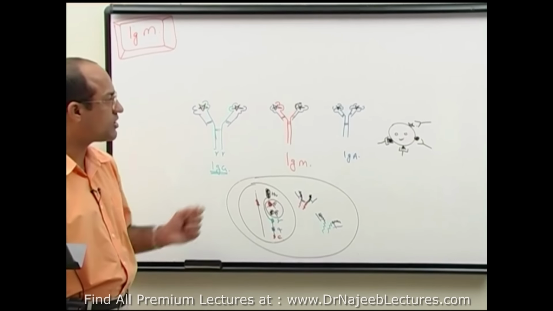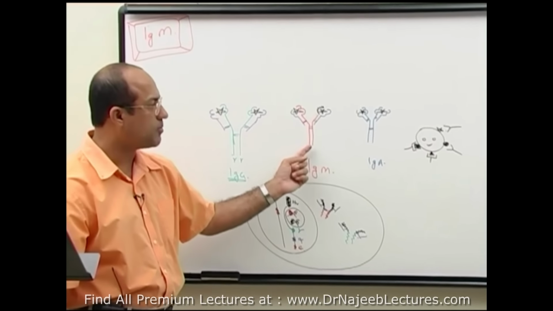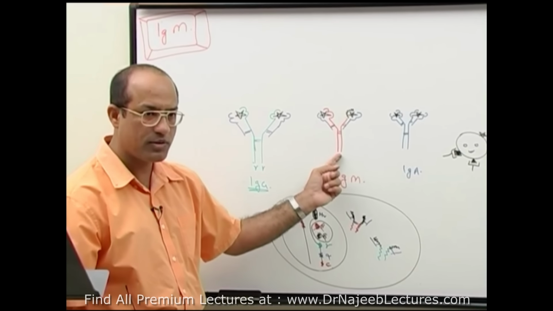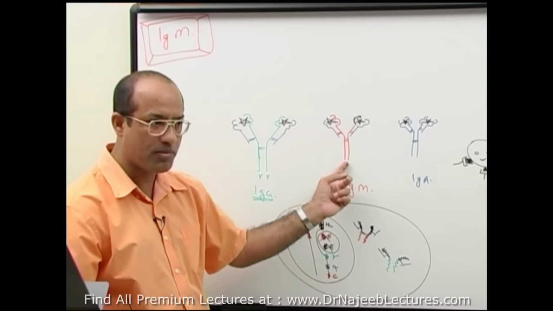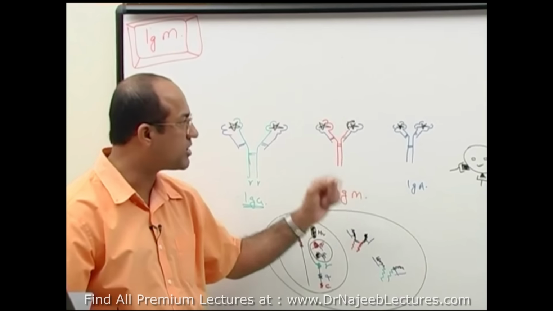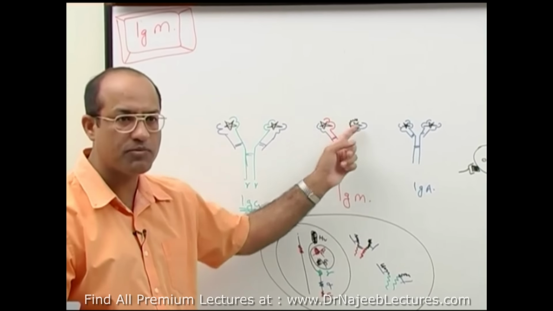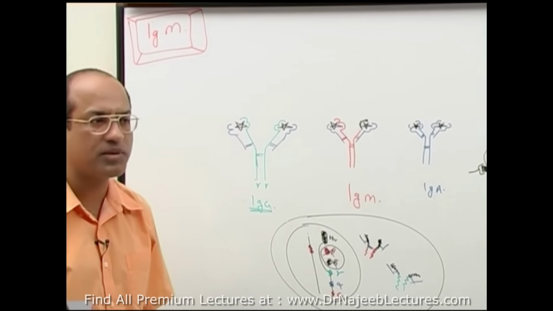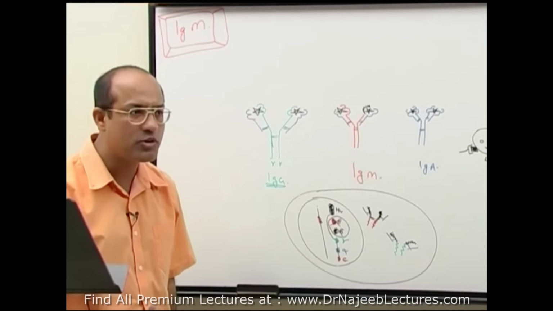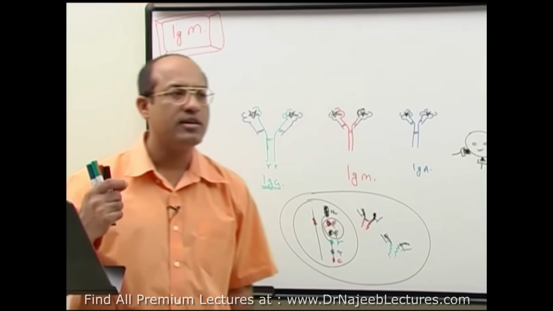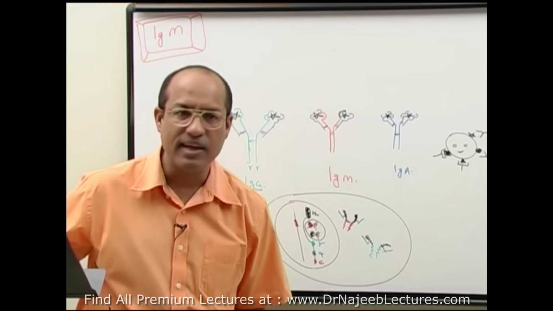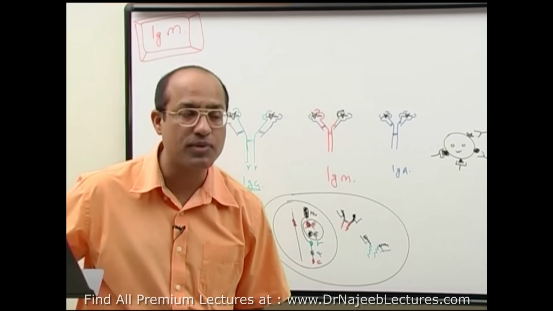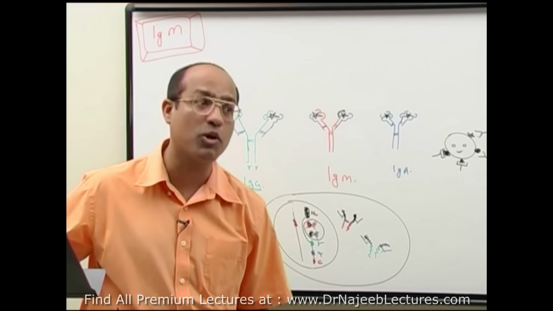Because this portion of the antibody is different from class to class, right? But this portion of the antibody may be the same for a given antigen, even though classes may be different. Am I clear? And due to this reason, whenever you get a recent infection, in your blood against that infectious agent, the IgM level will go up.